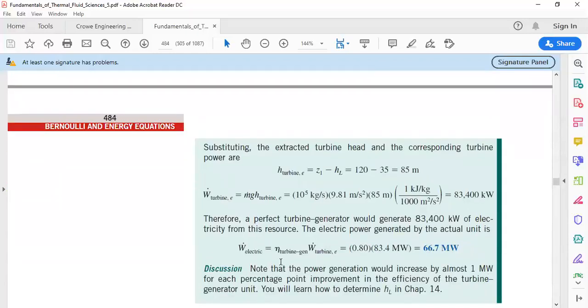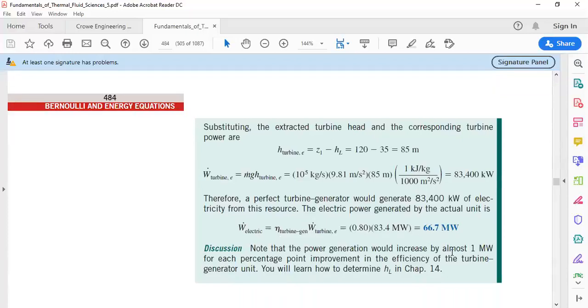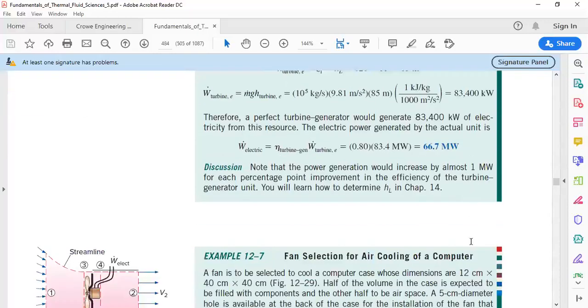Now, from the relation of the overall efficiency of the turbine generator unit, the electrical power equals the overall efficiency times the extracted turbine power. And that results in 66,700 kilowatts, which converted to megawatts becomes 66.7 megawatts.